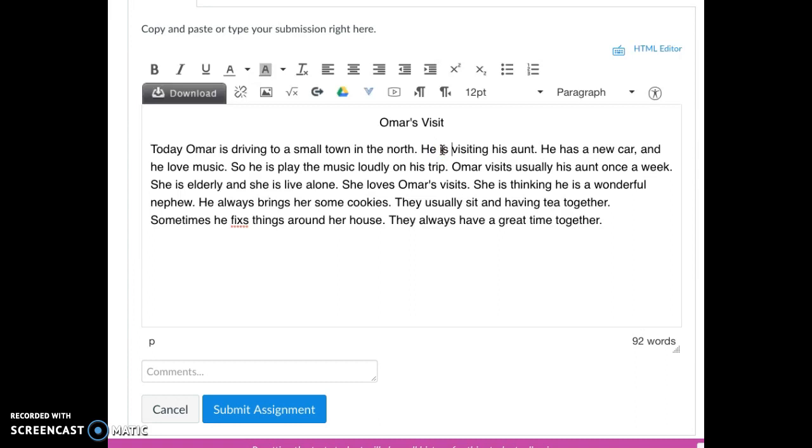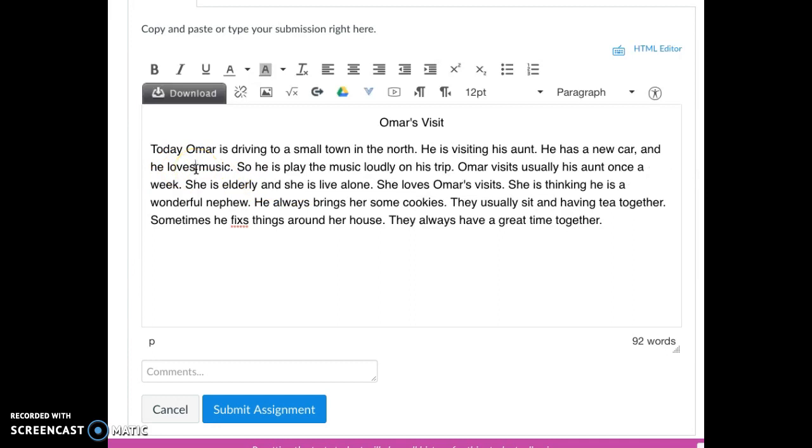He has a new car and he loves music. Have is a non-action verb, so I won't add any ing to that, even though it is right now, right? But he has a new car, that's good. He has with the S. And he love, oh. Here, my verb doesn't match my subject. He loves.